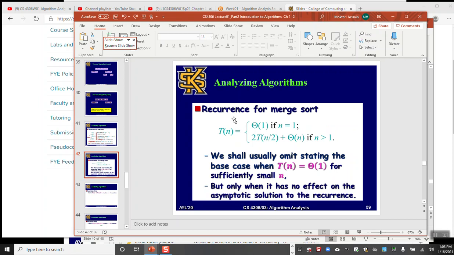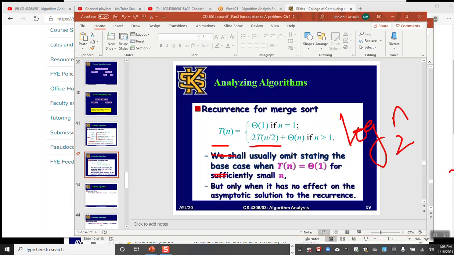So for the recursive merge sort algorithm, the total time complexity will be theta 1 if n equals 1. That means only one element in the list. If there is only one element, there is nothing to sort, so it will take constant time, no matter how large the element is.